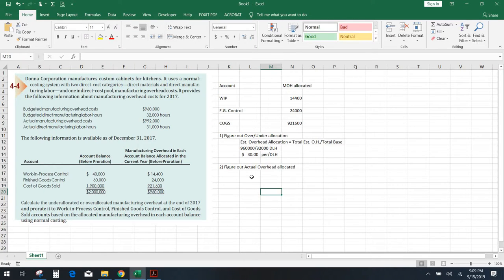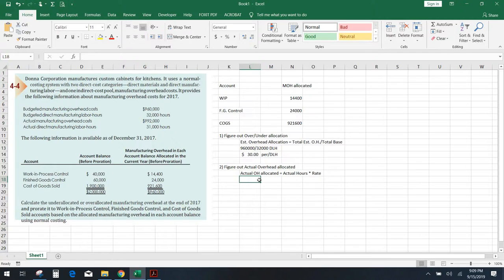The actual overhead allocated is equal to the actual hours times the rate.